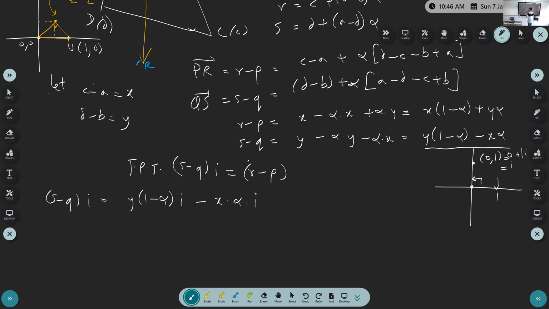So let us see what happens. I already know what alpha is, right? Alpha was half plus half i. So what is 1 minus alpha? Half minus half i. So I can substitute both alpha and 1 minus alpha in that equation, and let us see what happens.